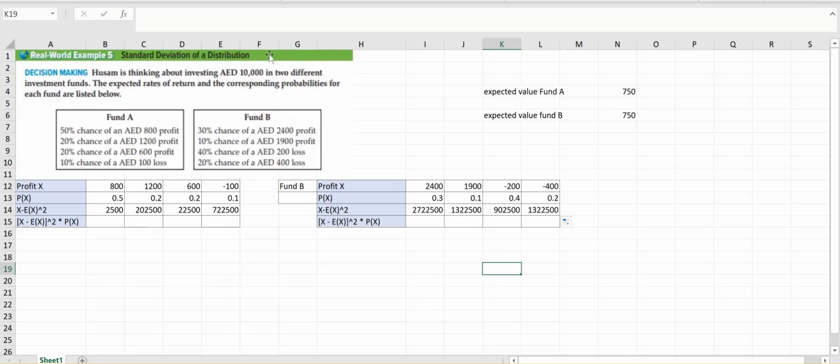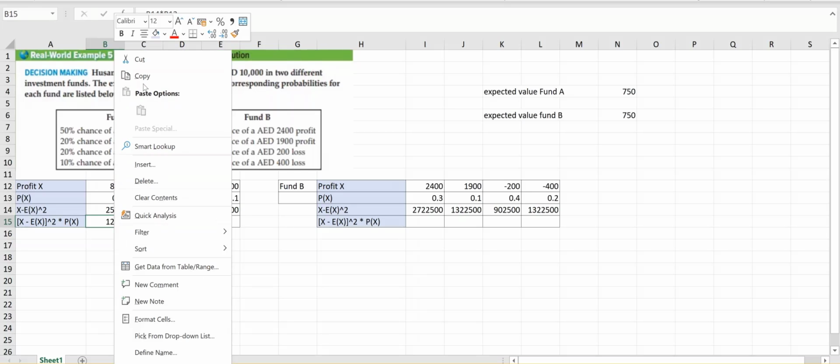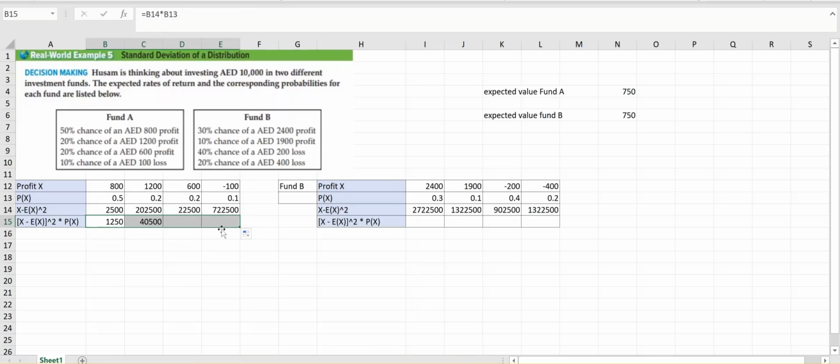Then I need to do my next one, our final column, which says x minus the expected value, squared, multiplied by the probability of x. So I put in equals, this column, multiplied by our probability of x, and this is going to give us 1250. I don't need a fixed value here, so I'm just going to copy and drag these across.